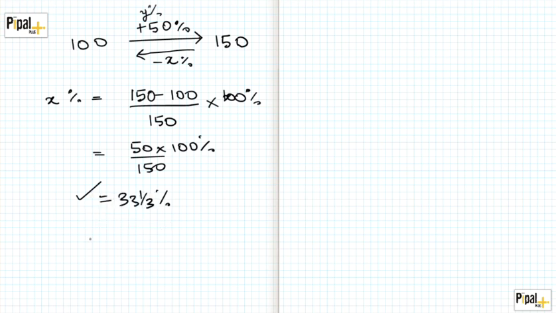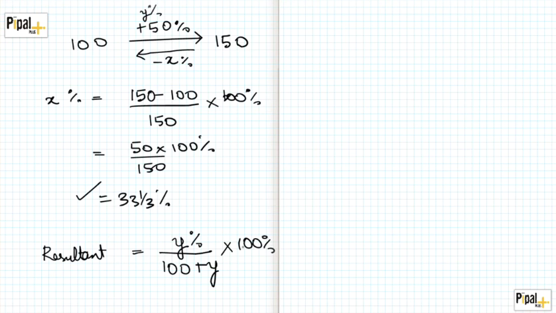Then my resultant percentage reduction will be y divided by 100 plus y, into 100%. Actually, I don't need the y percentage sign here because I'm putting in 100 later. So my resultant change becomes y divided by 100 plus y into 100%, because y symbolizes the change and 100 plus y becomes the new base that I must use.